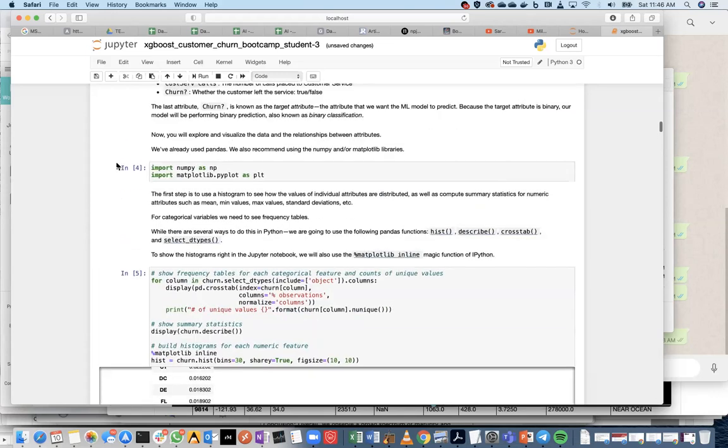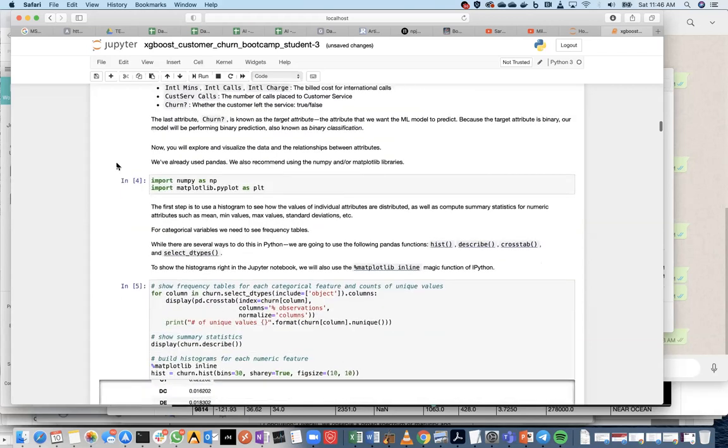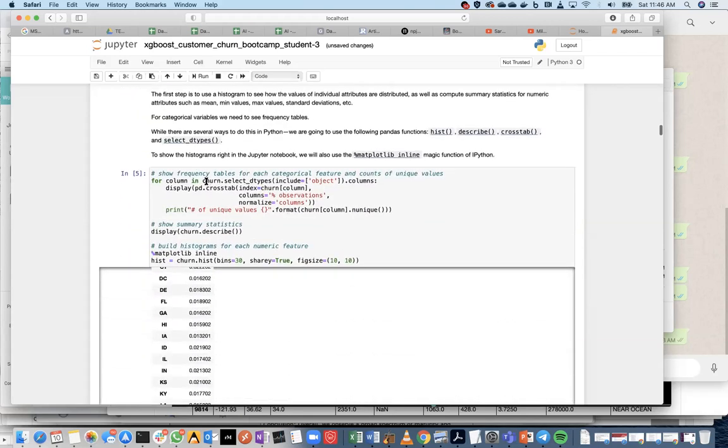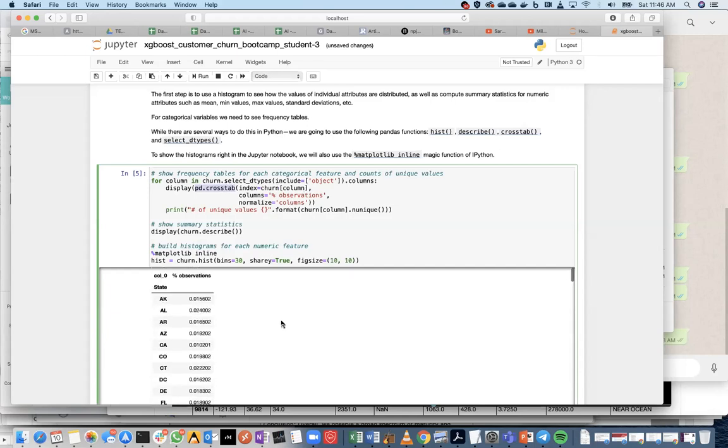What I liked best was this code that they put here. I wrote my own code, but I deleted it when I was cleaning my notebook, and this code was just amazing. They did a cross tab, which I hadn't used before to look at my data. What they're saying is, for every column, if the data type is an object, which I know is a categorical variable, then display a cross tabulation of that column and the percentage of observations.